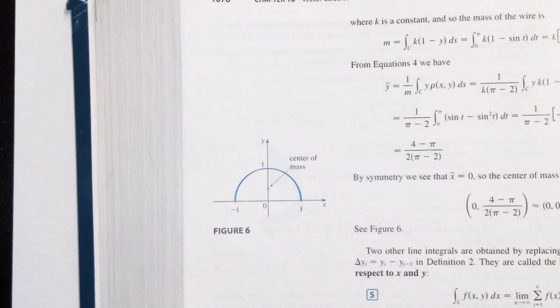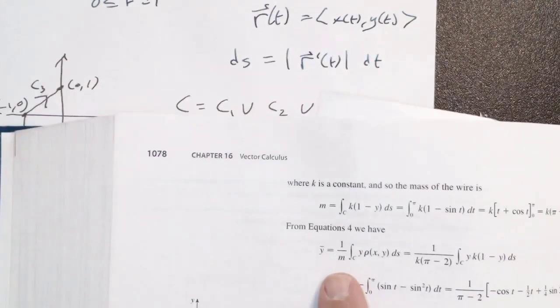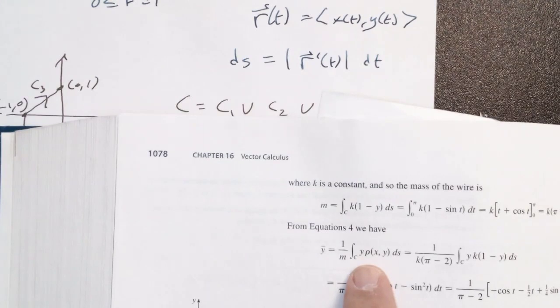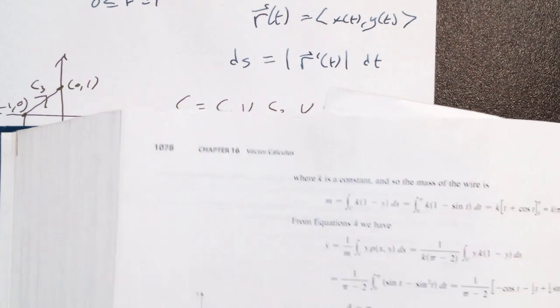Well, I would assume by symmetry, left and right, it's going to balance in the middle. But top to bottom is going to be a little harder to figure out because the closer we get to the x-axis, the heavier it gets. I'm going to have to do that integral. And lo and behold, 1 over the mass, integral of y times the density. It's the same formula, but we're doing a line integral instead of an xy integral.